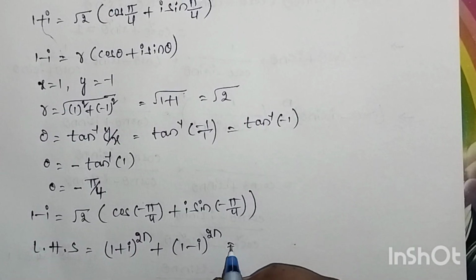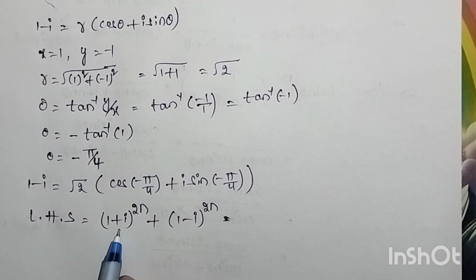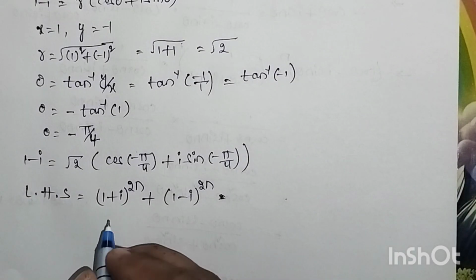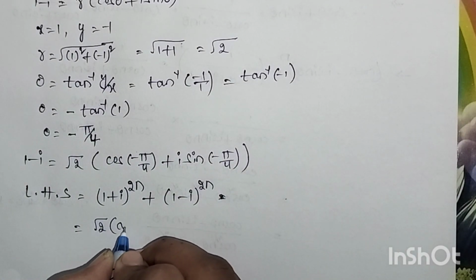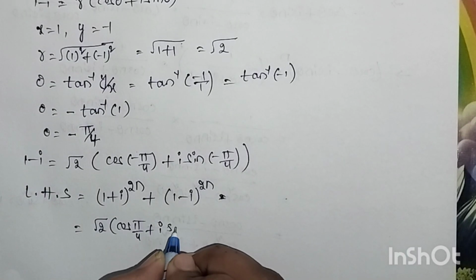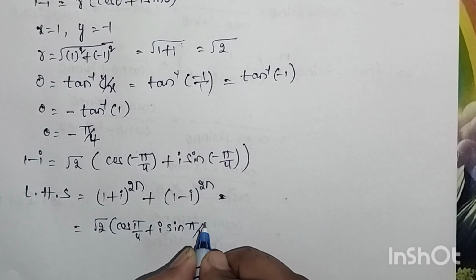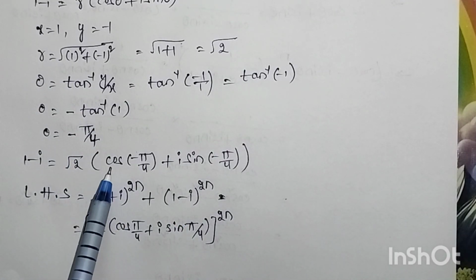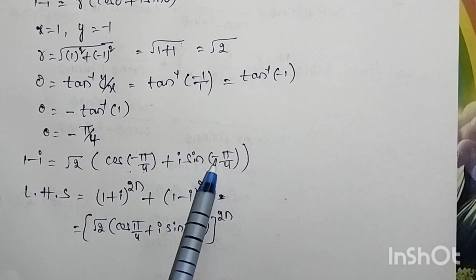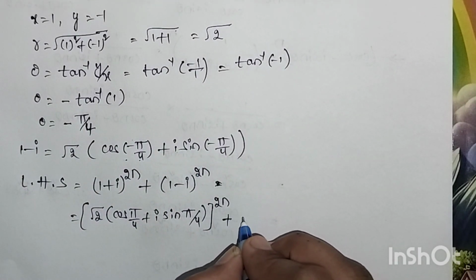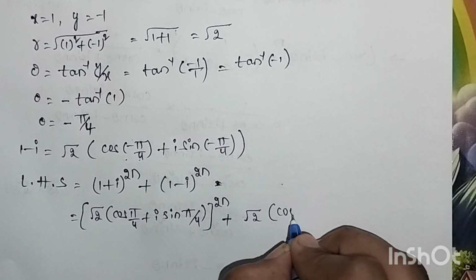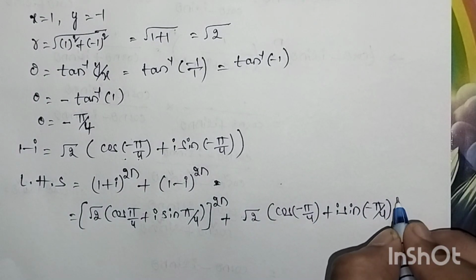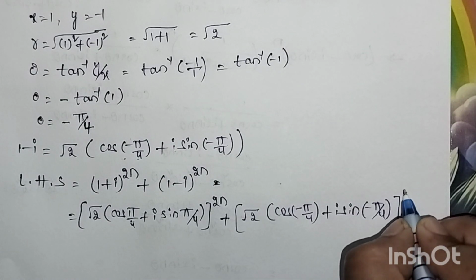Here 1 plus I is root 2 into cos pi by 4 plus I sin pi by 4, whole to the power 2n, plus 1 minus I, which is root 2 of cos of minus pi by 4 plus I sin minus pi by 4, whole to the power 2n.